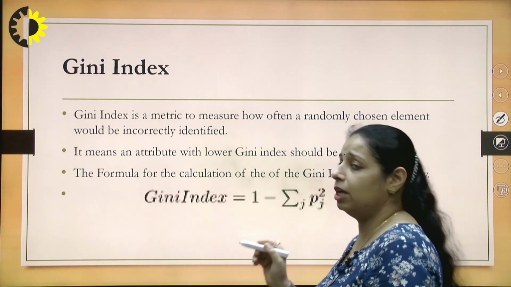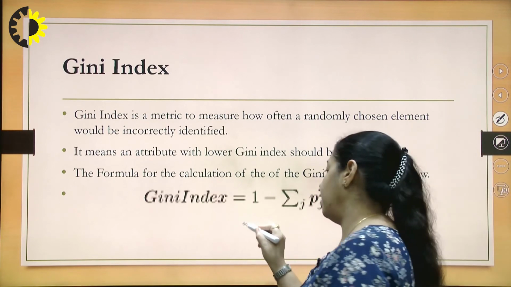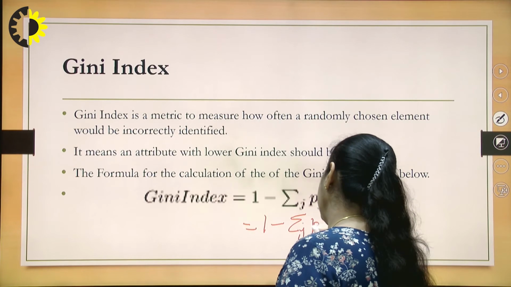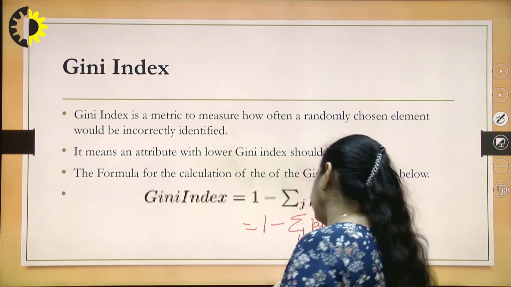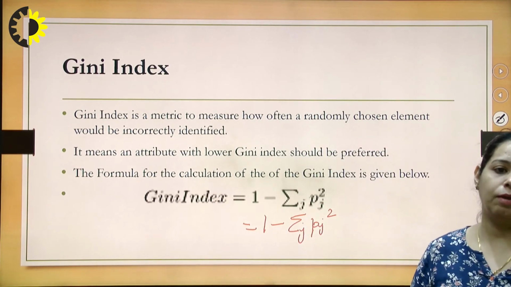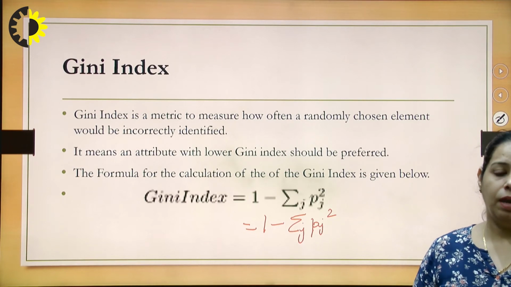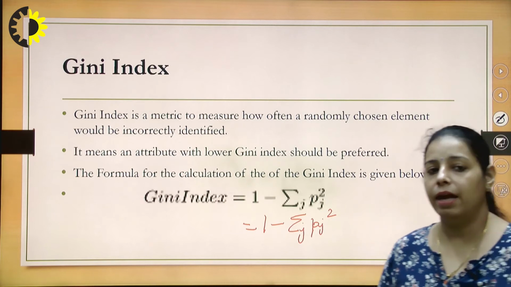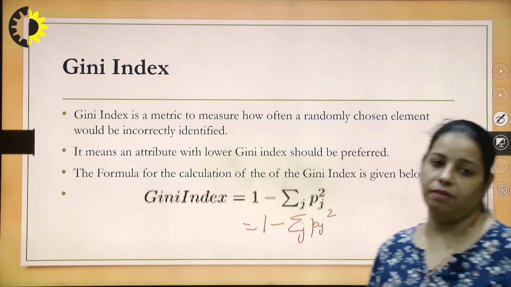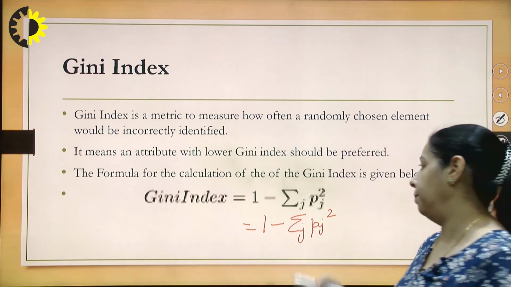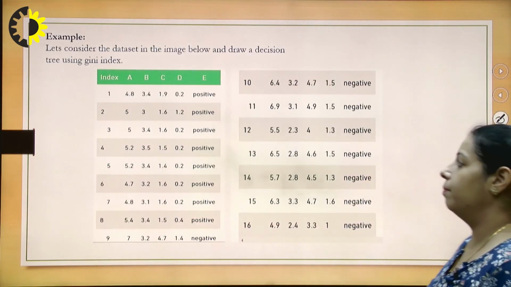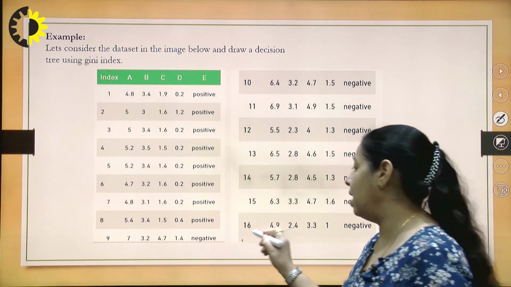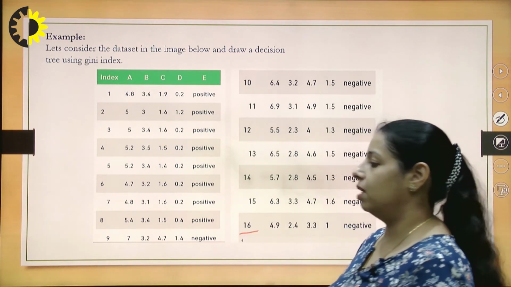The formula for the Gini Index is equal to 1 minus the summation of the squares of the values, taking the sum of them. Let's look here, we have a data set with 16 values and certain features.